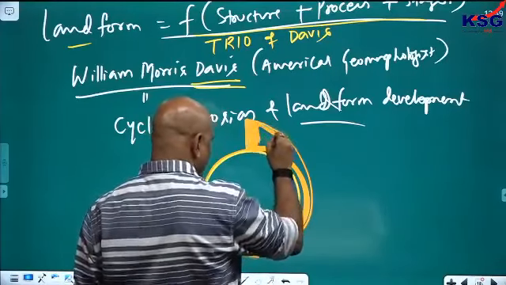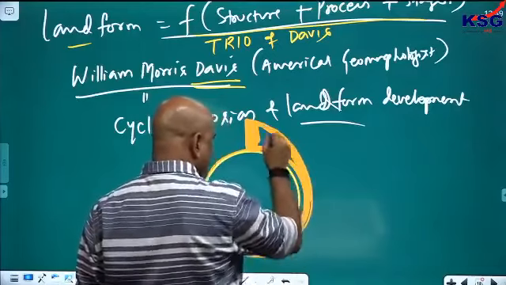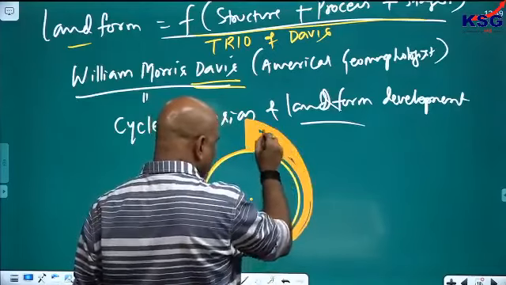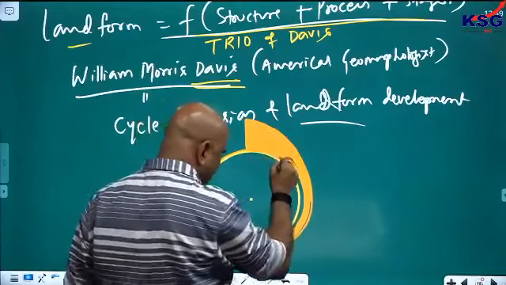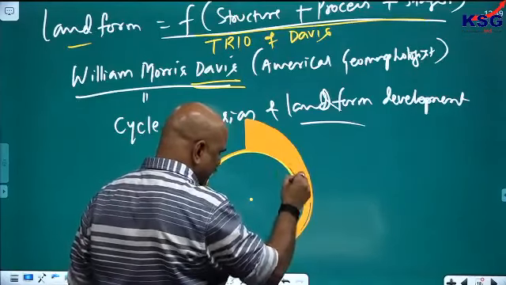Let us say a landform developed, this height of landform is there. इतना हाइट का एक लैंडफॉर्म है, एक रिलीफ फीचर है, माउंटेन है.